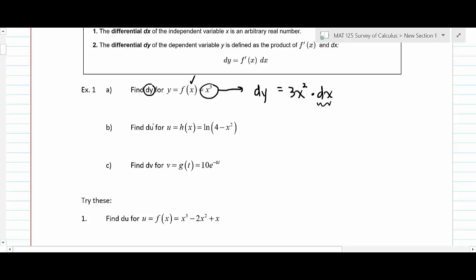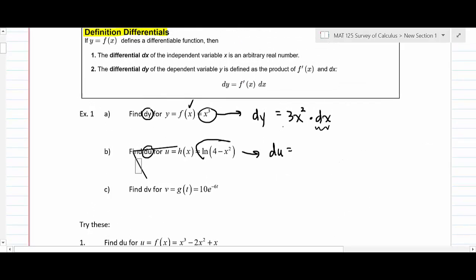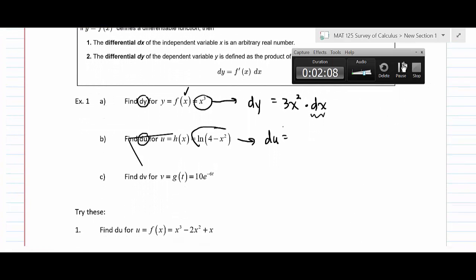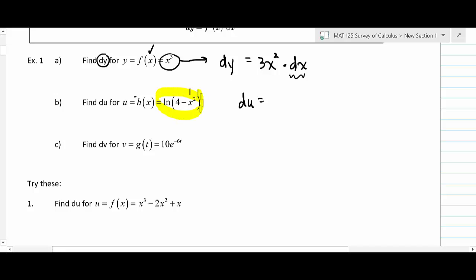The next one, you're finding du. When we do du, the variable is x. Let's review this. You need to be sure that you know how to handle a logarithm with a chain rule. Now we've learned how to do a derivative of a log.